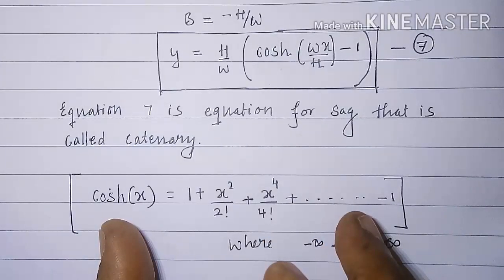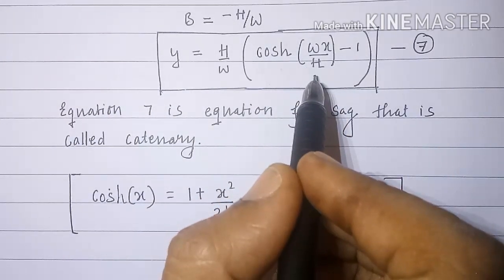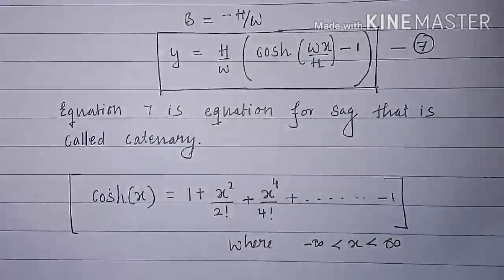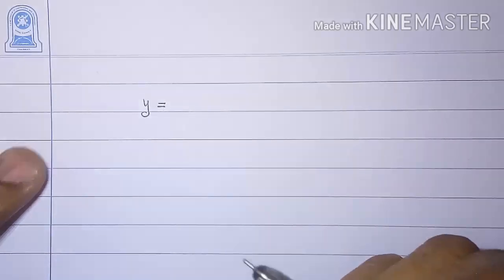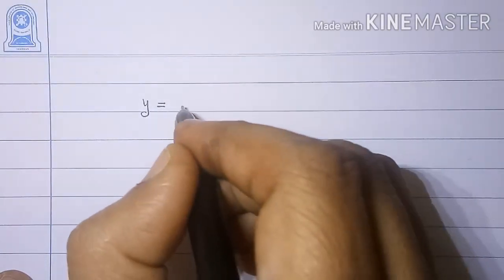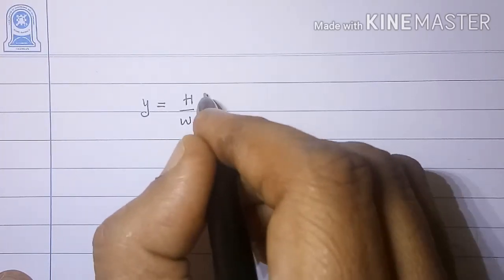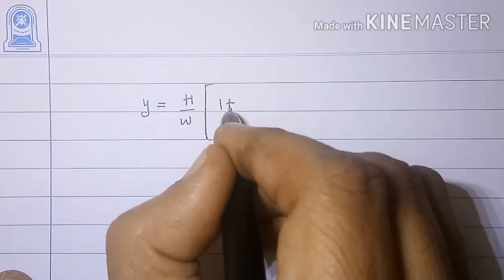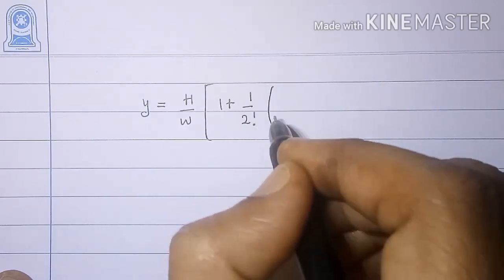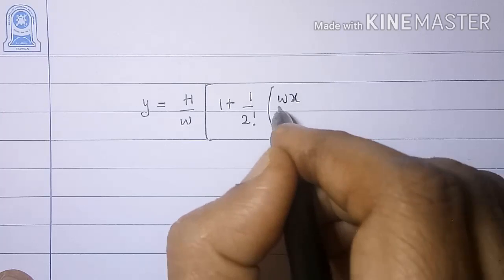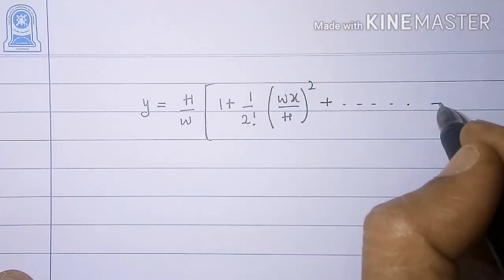Using this expansion, in place of cosh of wx by h, we get y equal to h by w inside the bracket 1 plus 1 by 2 factorial into wx upon h whole square plus and so on up to minus 1.